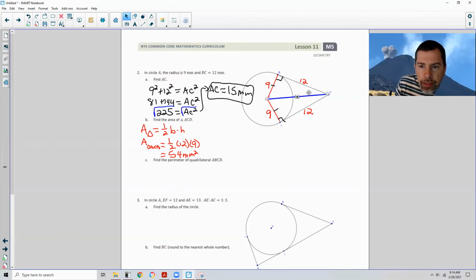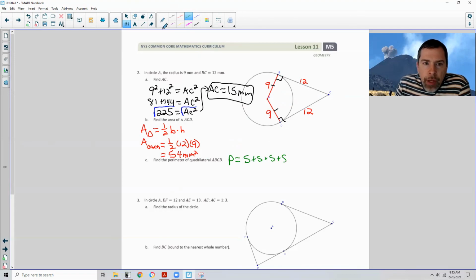Part C, find the perimeter of quadrilateral ABCD. So now they're saying, if I get rid of this, there is a four-sided figure. It's actually a kite. Quadrilateral ABCD, perimeter equals side plus side plus side plus side. But in a kite, two of the sides are the same.